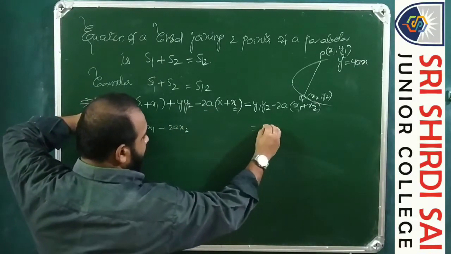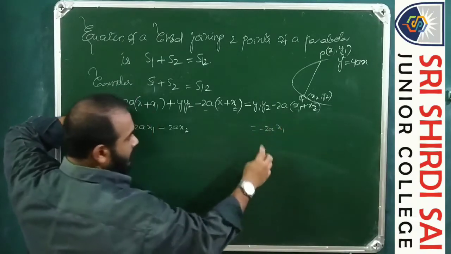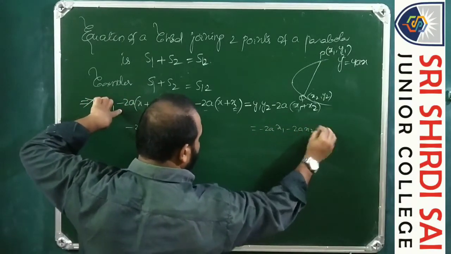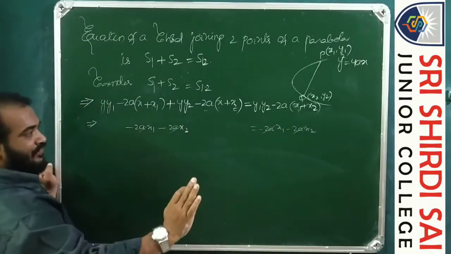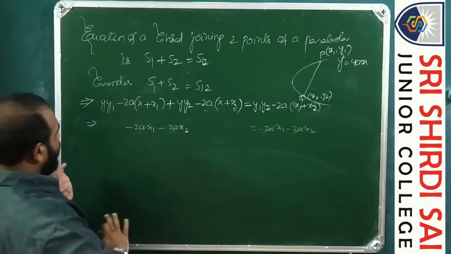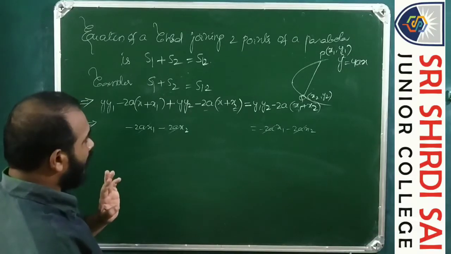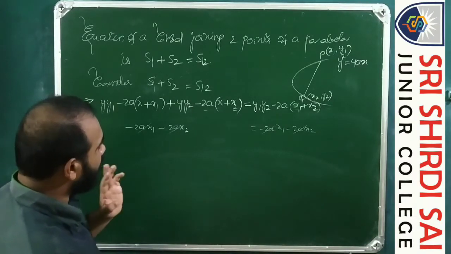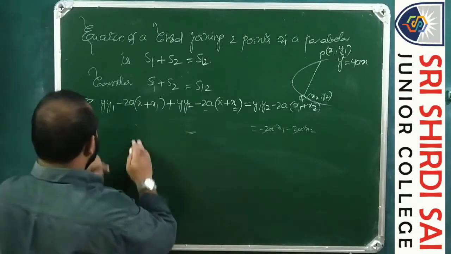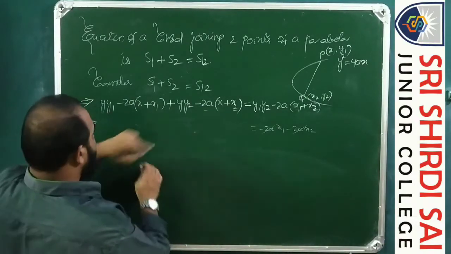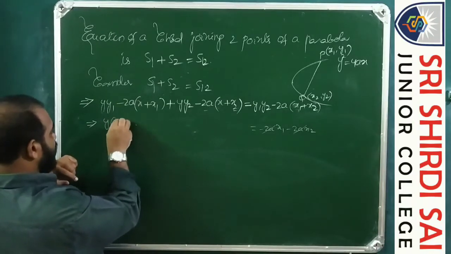Here minus 2ax1 minus 2ax2. That means these are getting cancelled. And what we are left with here is y1, here y2. So y into y1 plus y2.